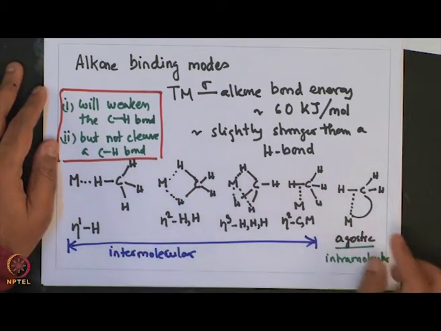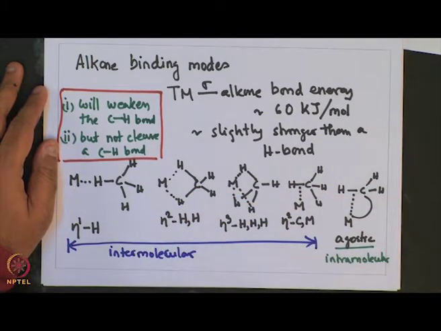So, this summarizes the various binding modes by which an alkane can bind to a transition metal.